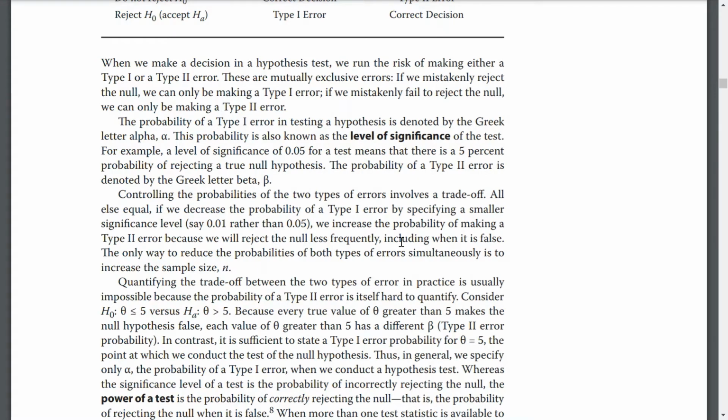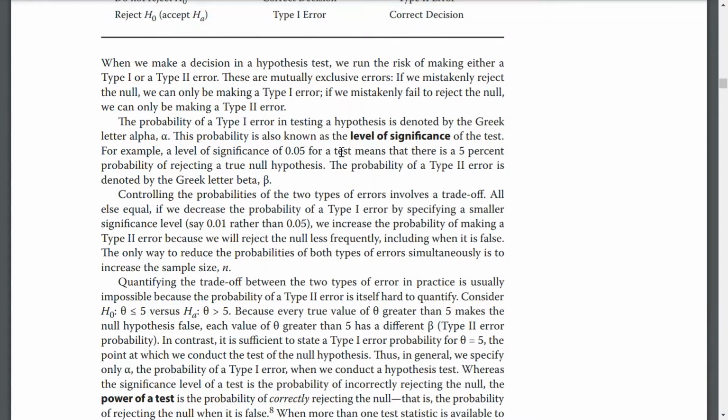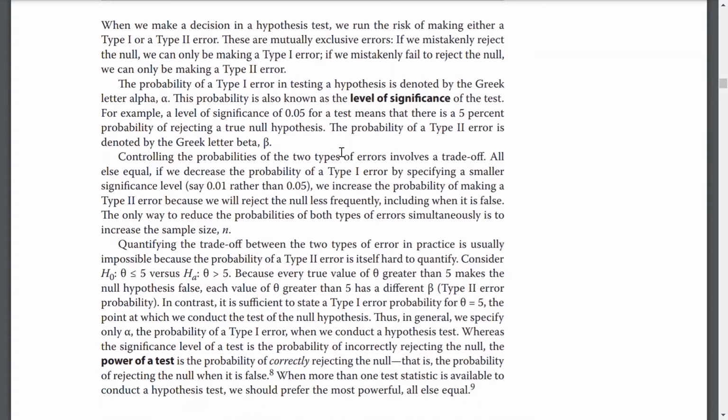The probability of a type 1 error in testing a hypothesis is denoted by the Greek letter alpha. This probability is also known as the level of significance of the test. For example, a level of significance of 0.05 for a test means a 5% probability of rejecting a true null hypothesis. The probability of a type 2 error is denoted by the Greek letter beta.